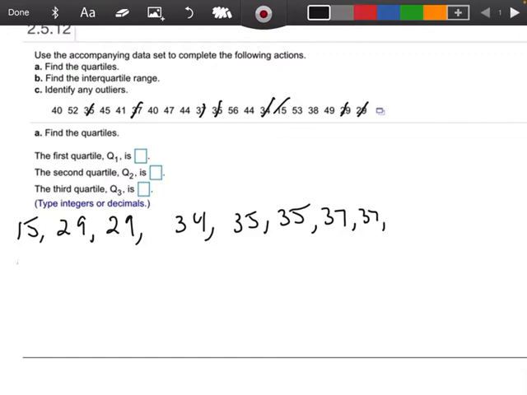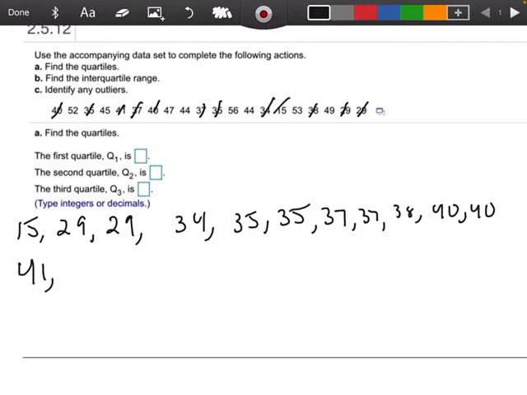And then we have a 38. I think that's actually all the 30s. Then we have 2 40s. And then we have a 41.